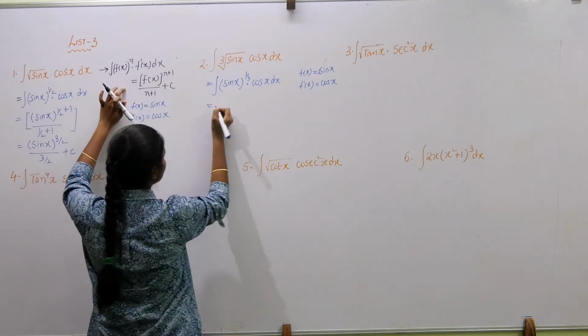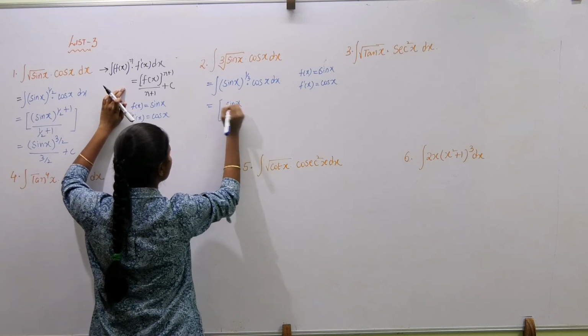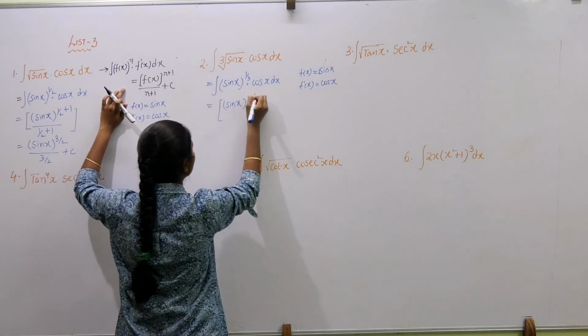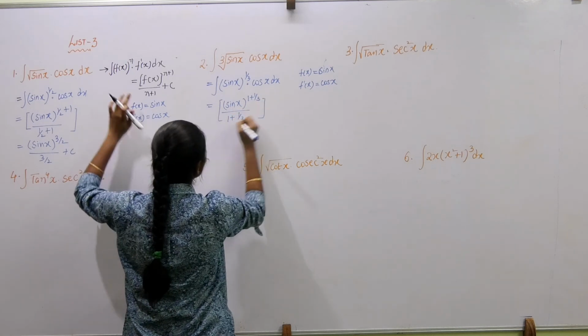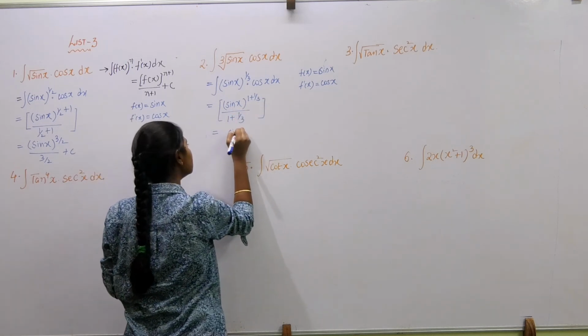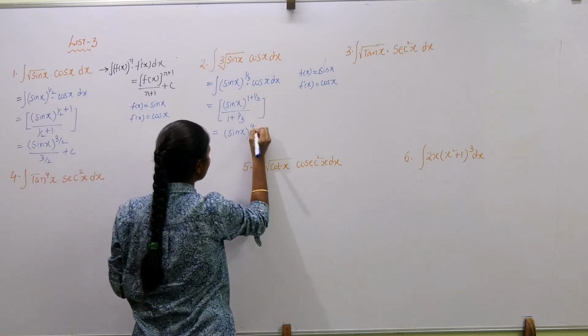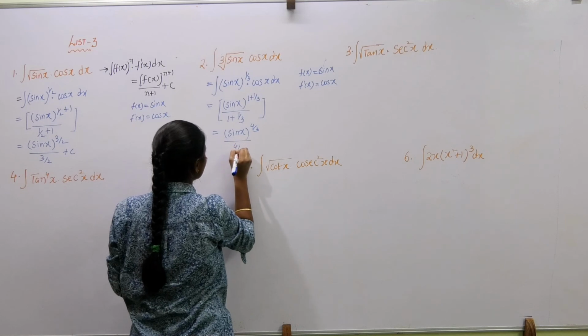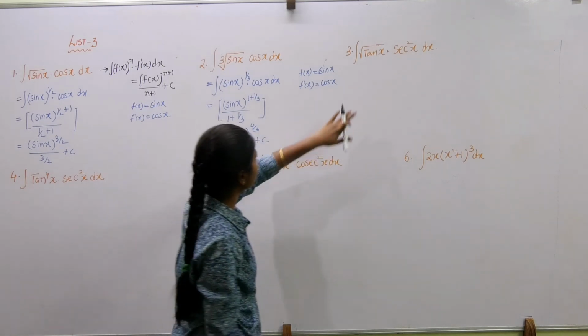When we substitute this formula, we get (sin x)^(1+1/3)/(1+1/3), which equals (sin x)^(4/3)/(4/3) + c. c is the integration constant.